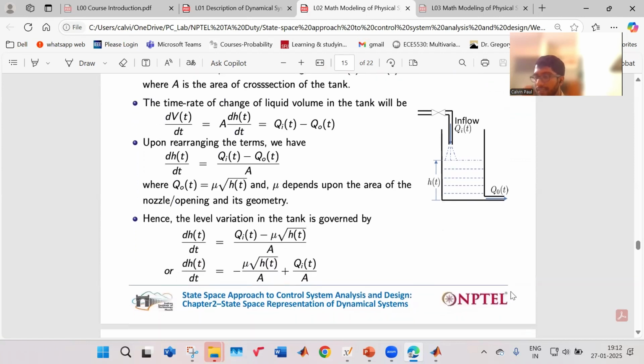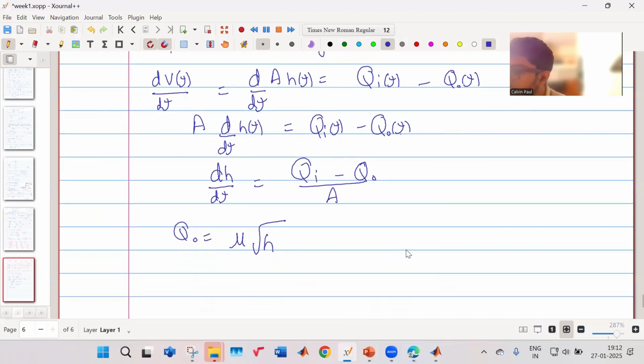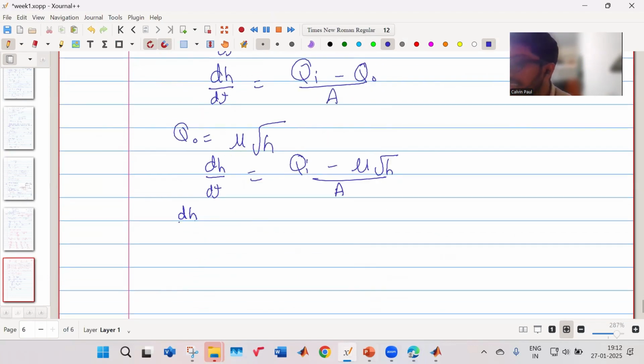So finally what we can write is dh upon dt is equal to (qi minus mu square root of h) upon A. So dh upon dt is equal to minus mu by A square root of h plus qi/A. All right, so this is my equation.